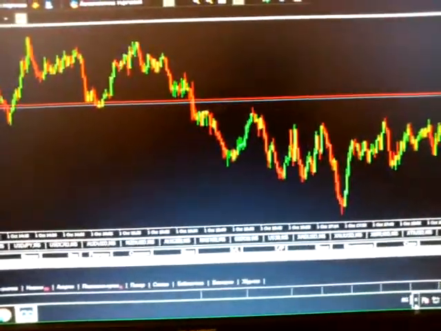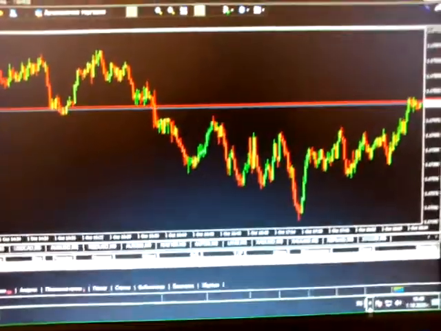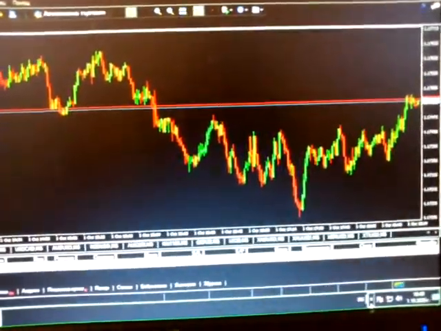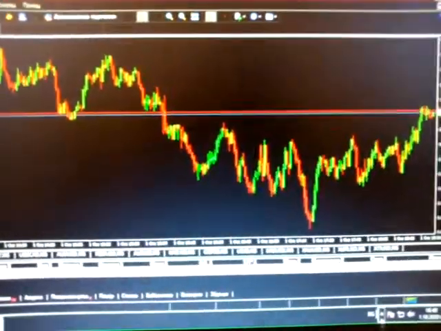The next thing, what is the neutral when the market moves? Well, the neutral is level. This is the neutral.